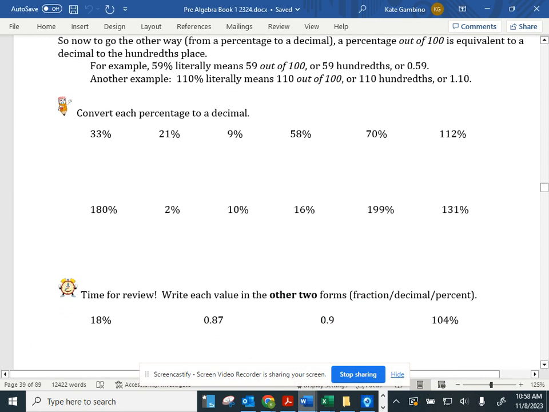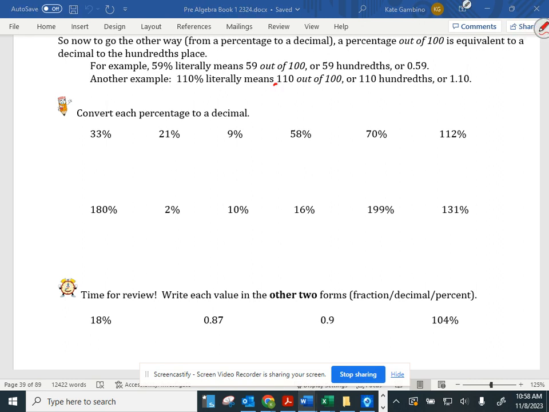For example, 59% literally means 59 out of 100 or 59 hundredths or 0.59. Another example, 110% literally means 110 out of 100. So we have that one whole and then 10 more.